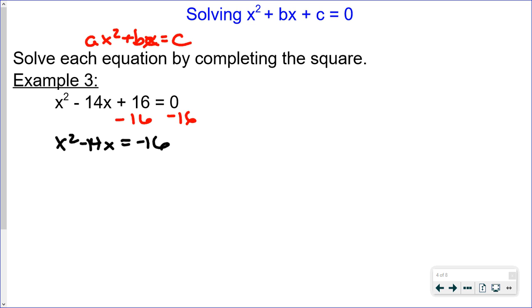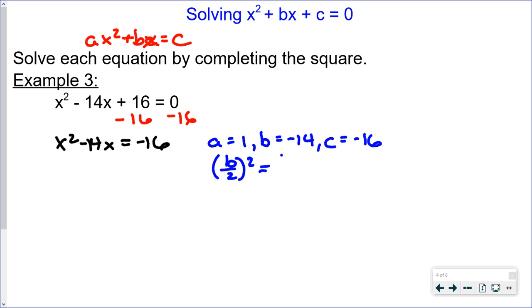All right. Now we need to find what b over 2 is. So keep in mind that a is equal to 1, b is equal to negative 14, and c is equal to negative 16. So I'm going to do b over 2 to the second power.